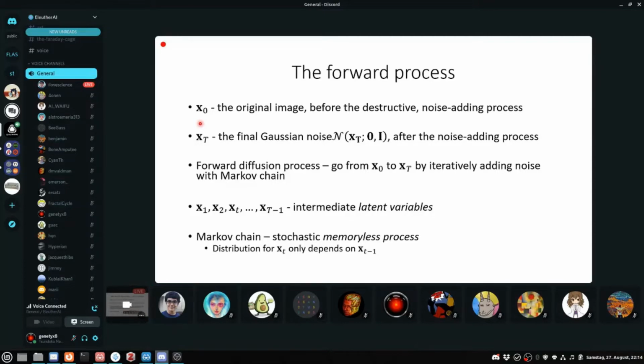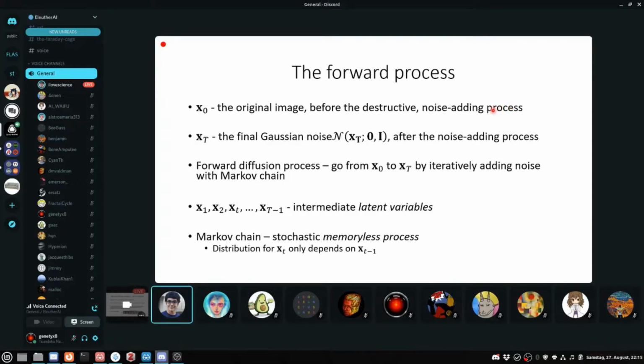So starting out, we have the original image, the images that we are observing, whatever samples we already have, and we're denoting this as x0. Then we have this noise adding process, where we are adding noise to this image.